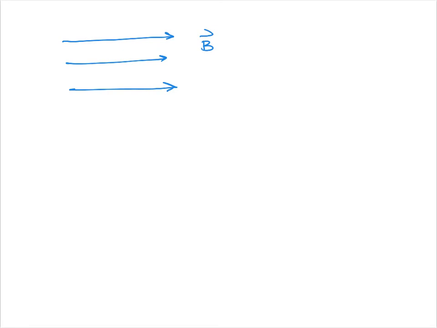Now we imagine that my current loop is at an angle, and if we look at it from the edge, on this end the current's coming at us, and at this end the current's going into the page. So we're looking at the loop from a side view. We're going to say that the entire width of this is W, and of course the middle is where it's going to rotate about.